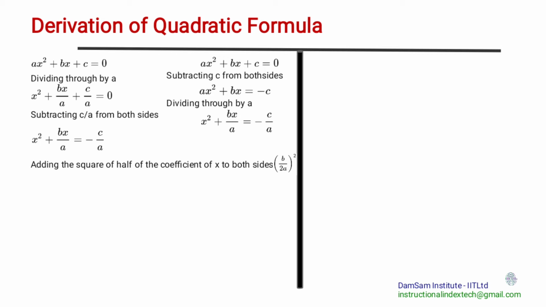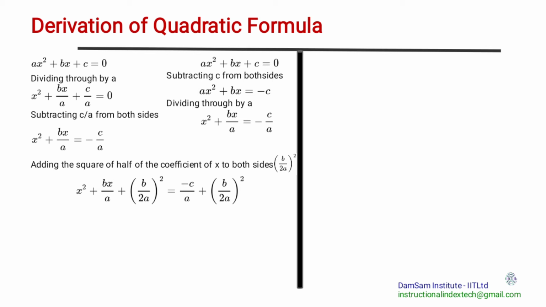We do this so that we have the left hand side in a perfect expression that we can factorize. And whatever we do to the left hand side, we have to do to the right hand side. So we have x squared plus bx over a plus b over 2a squared is equal to negative c over a plus b over 2a squared.